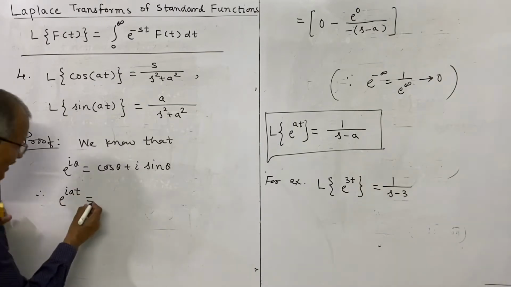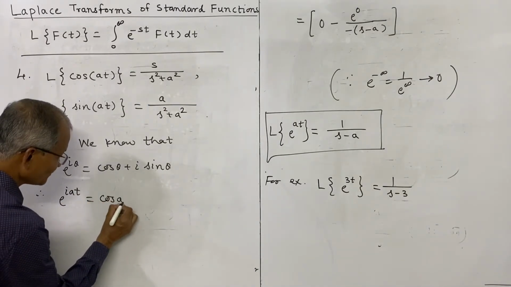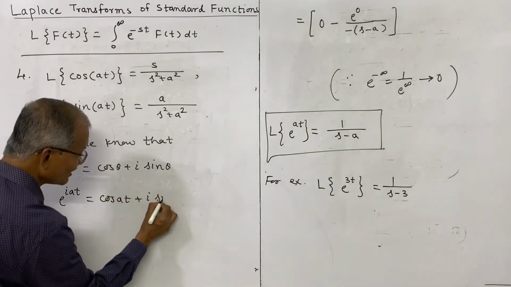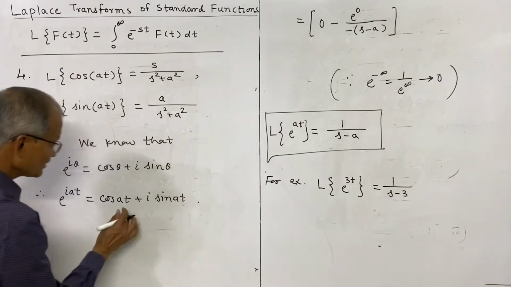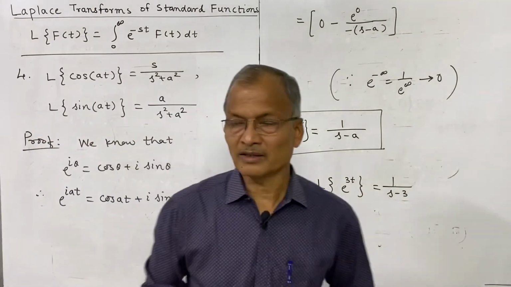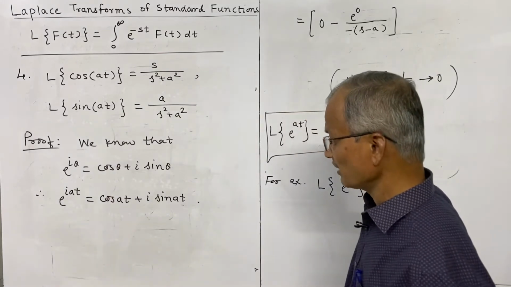So therefore the right side will be cos at plus i sin at. This is the identity. e power i at is equal to cos at plus i sin at.